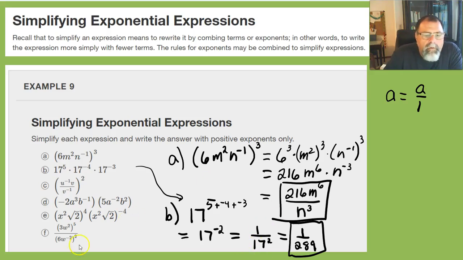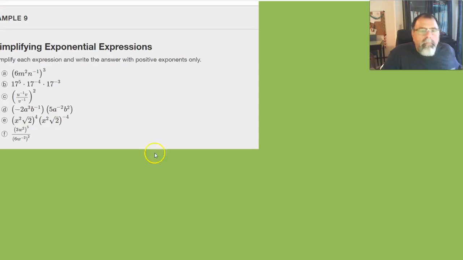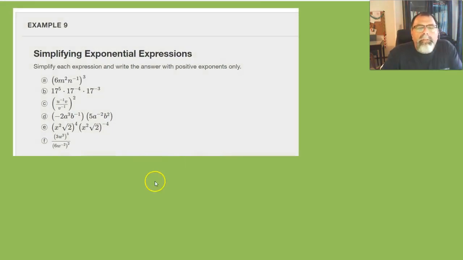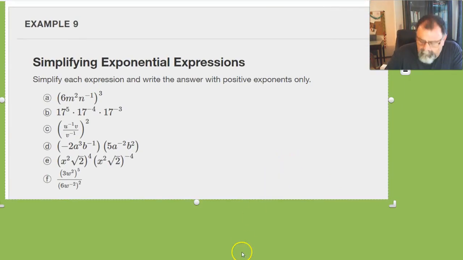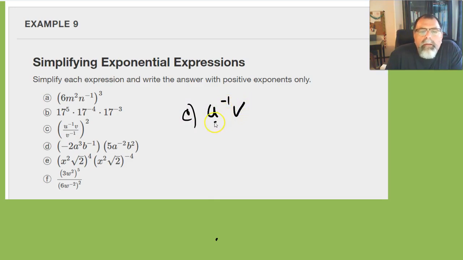Let me do a new page. All right, let's try C. So let's see. U to the negative 1, V to the negative 1, and then squared.